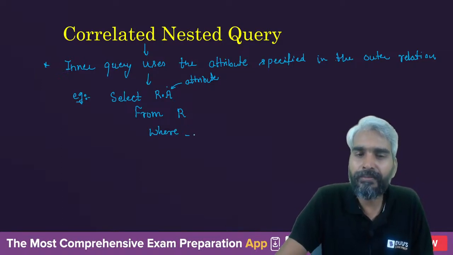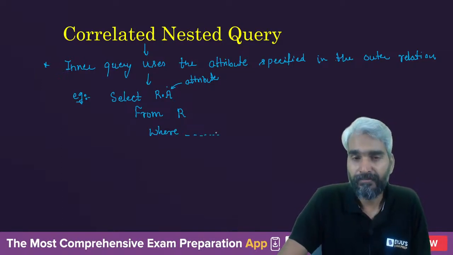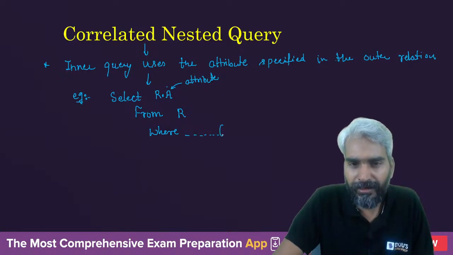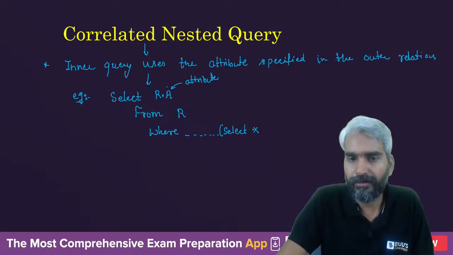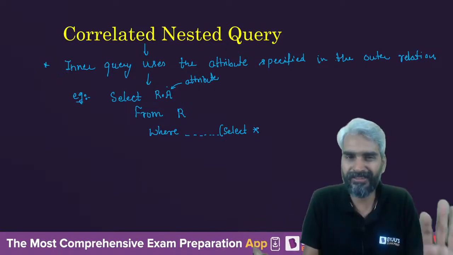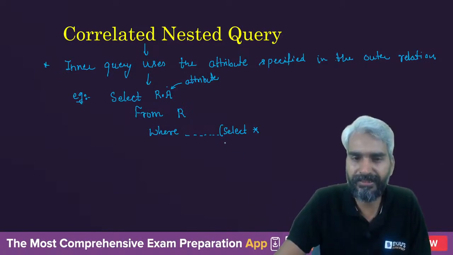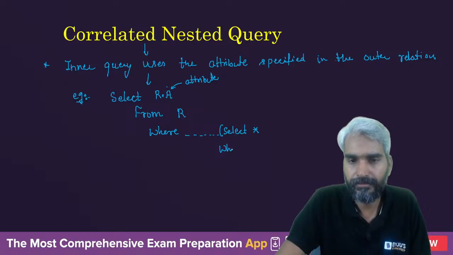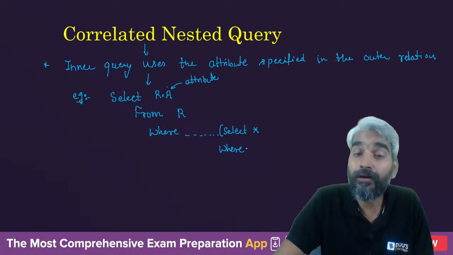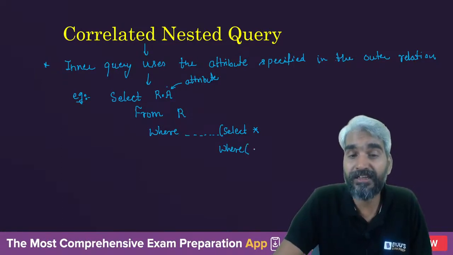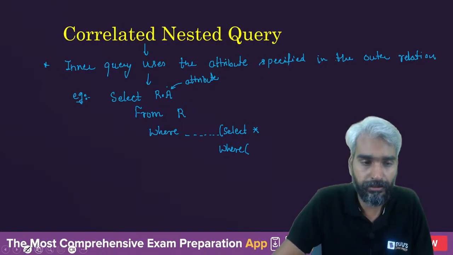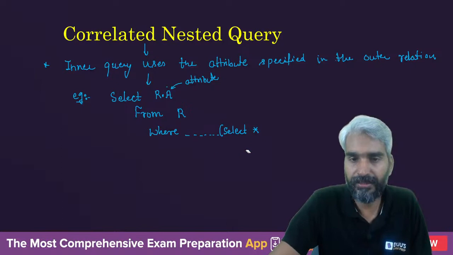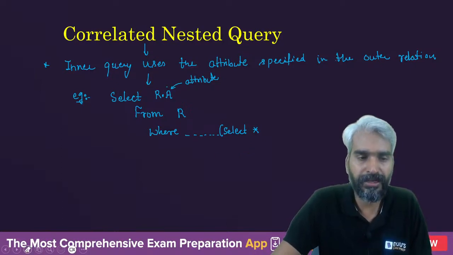where there will be a where clause, and then you will have an inner query, select whatever, we don't know. It's not necessary what you are selecting, but the idea is select. Now to execute this where condition, you select from some other relation.